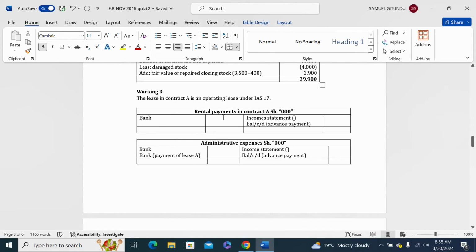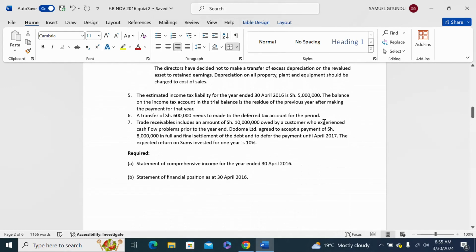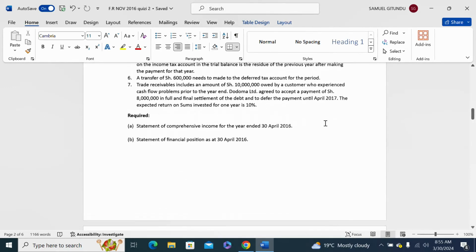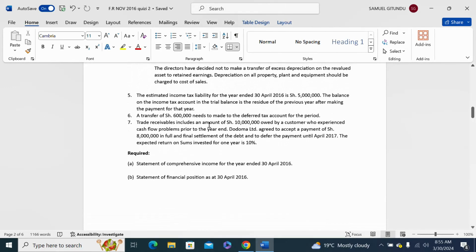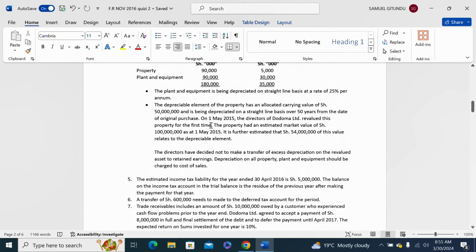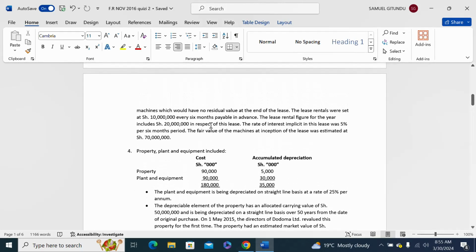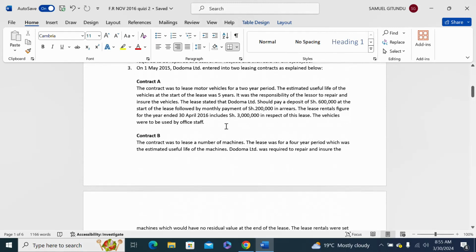Therefore, we go to the rental that was paid. We are told there were 3 million. Those were the rentals that were paid, 3 million.